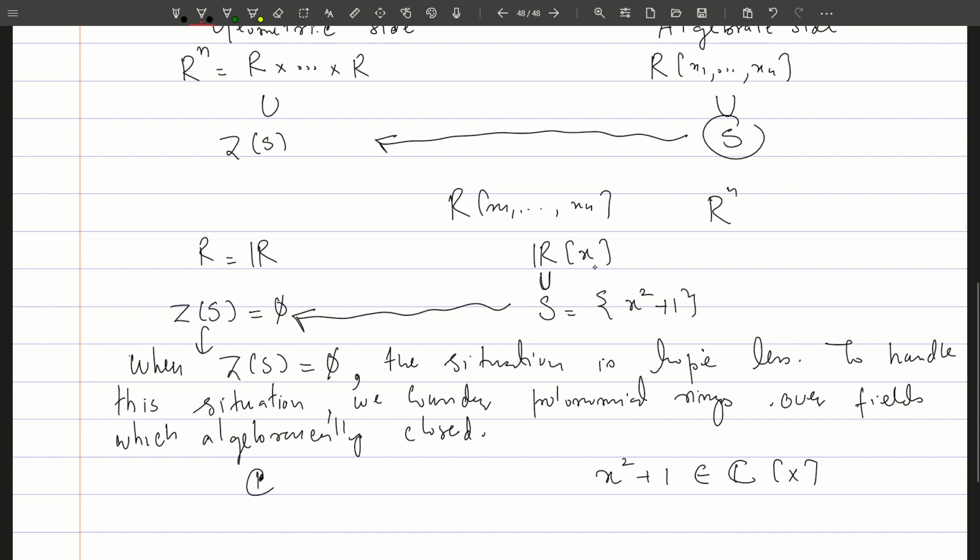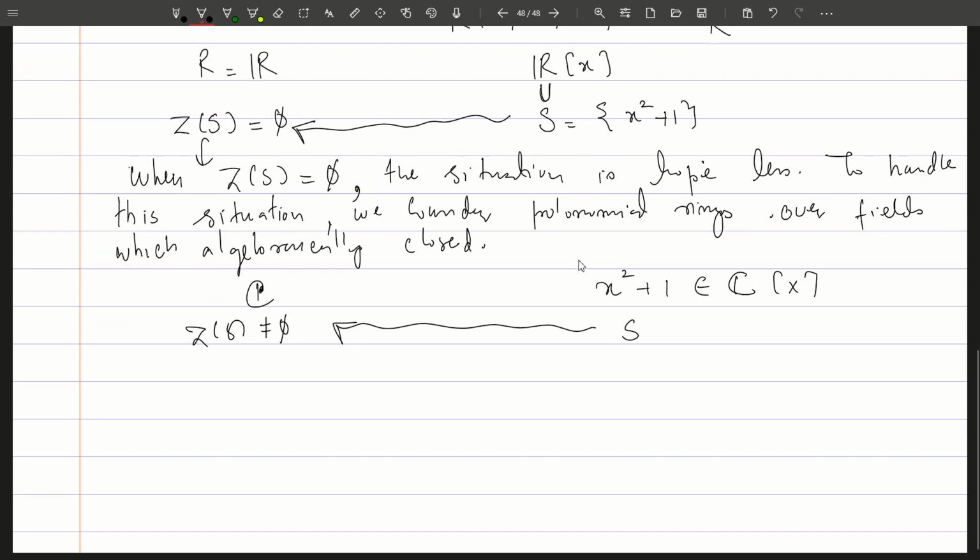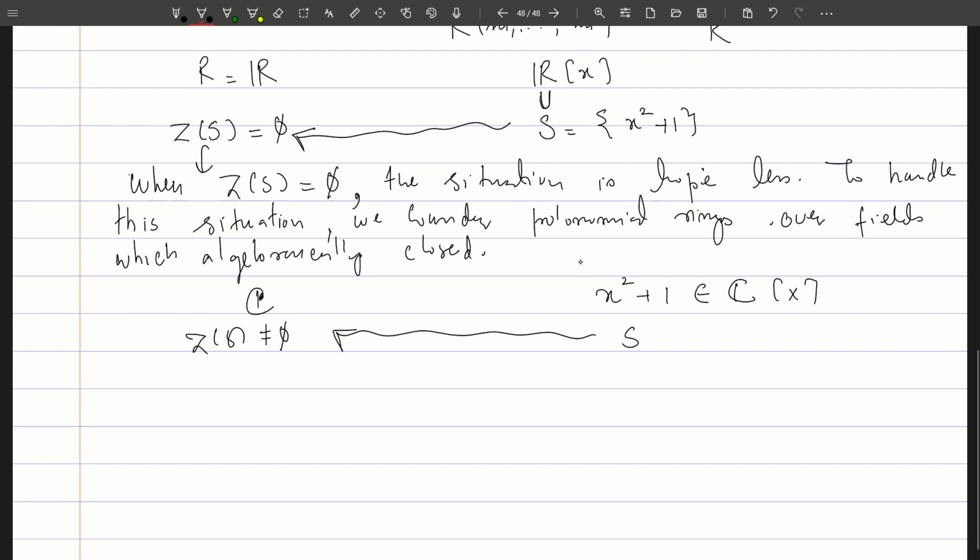So corresponding to this set S, the zero set of S is non-empty. Now we have a lemma which is like this.